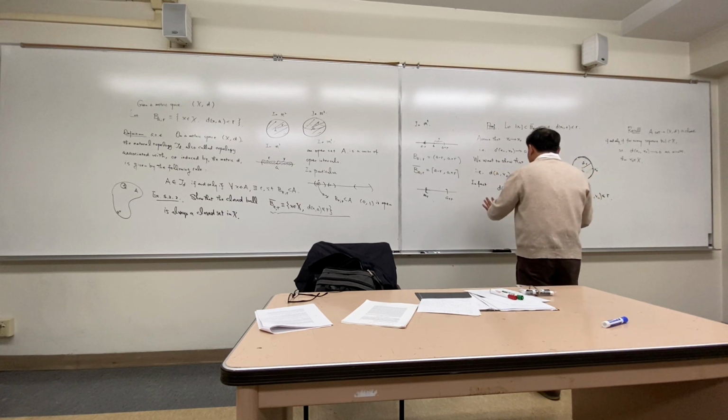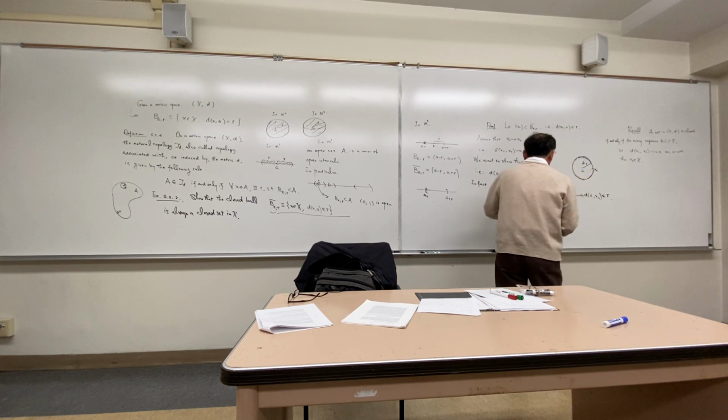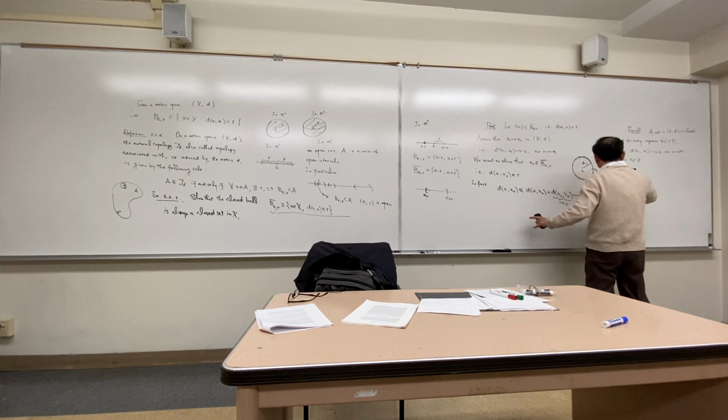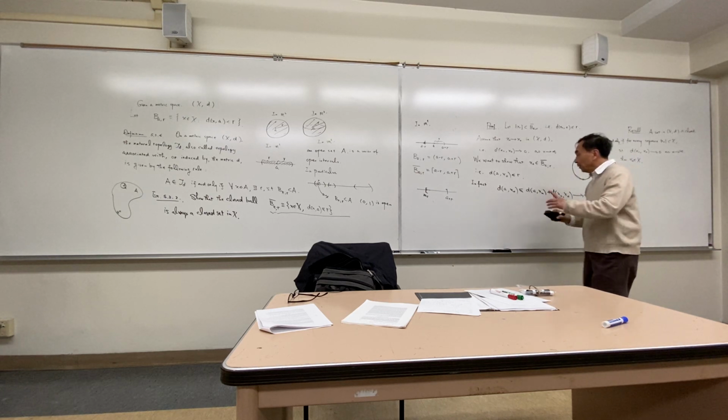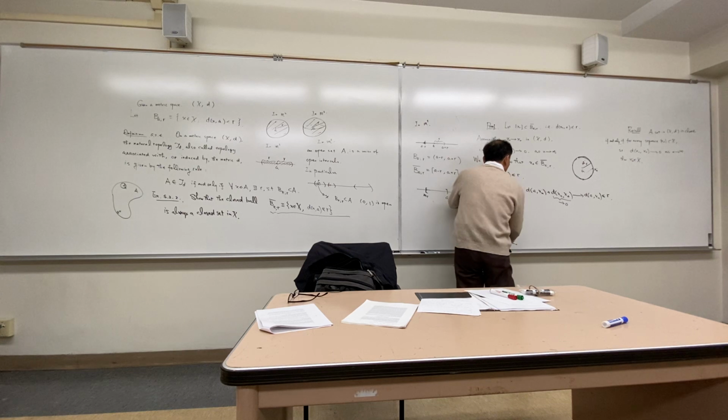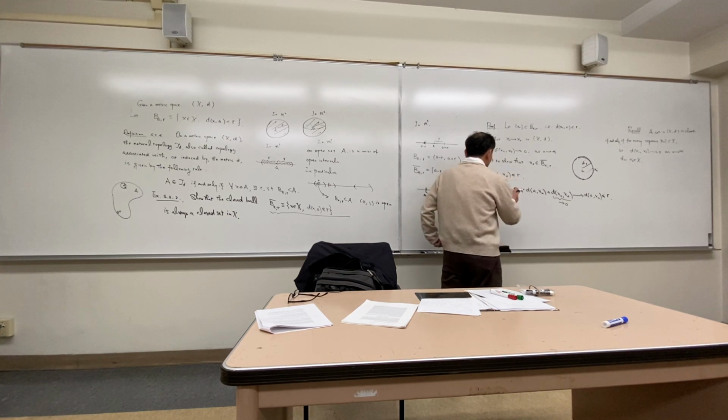Let's use the epsilon-delta language to make it more rigorous. Here we want to show that this is less than or equal to r. I will erase this later. We will show that for any epsilon greater than 0, this is less than r plus epsilon.